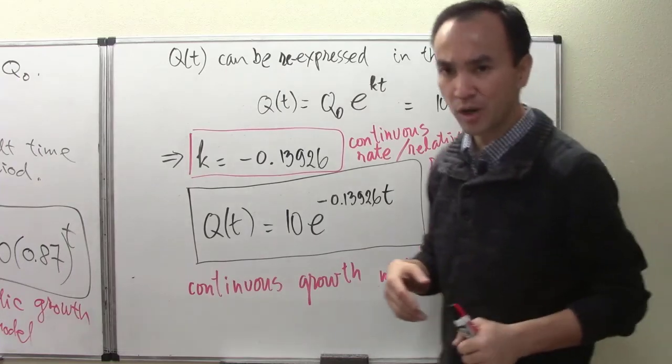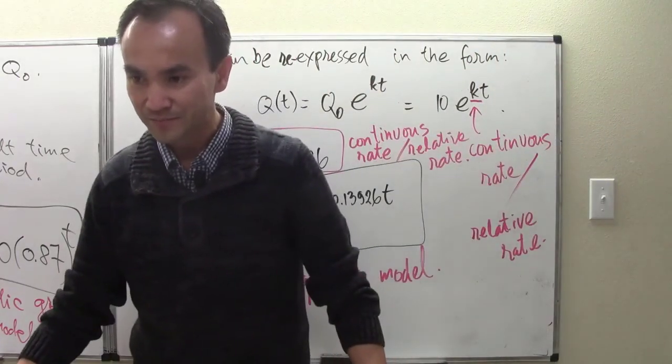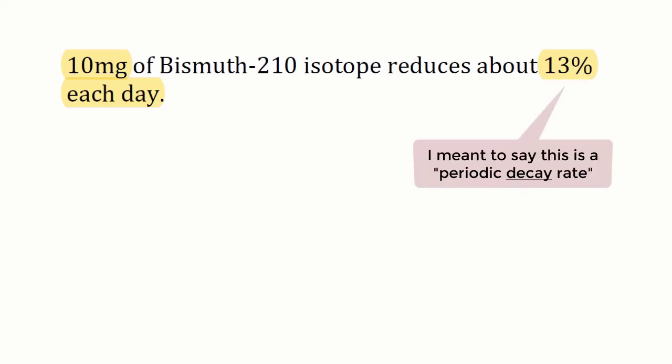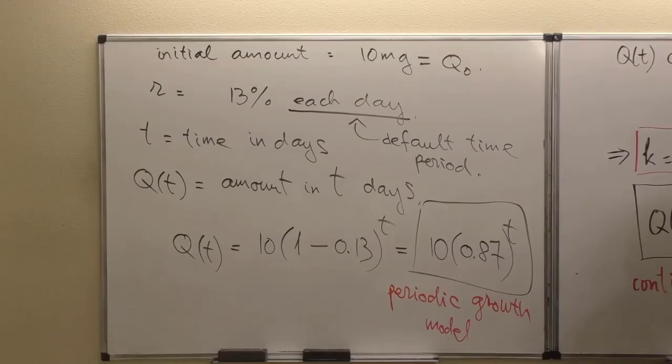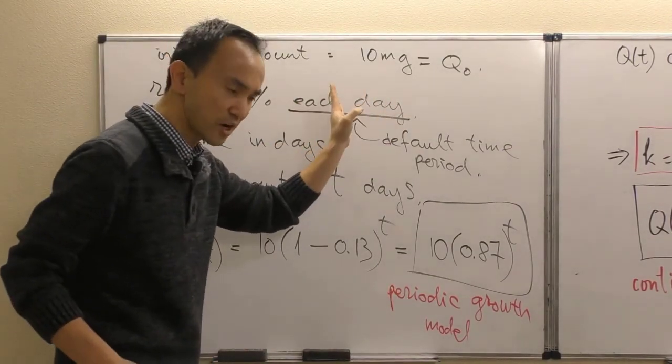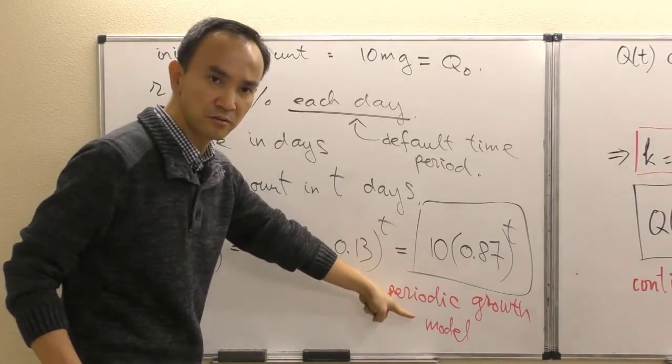So now on the wording of the problem, the same wording of the problem right here is only indicating just the periodic growth rate. And that's why, a little more directly, it's convenient to write immediately from that worded instruction into the periodic growth model right there.